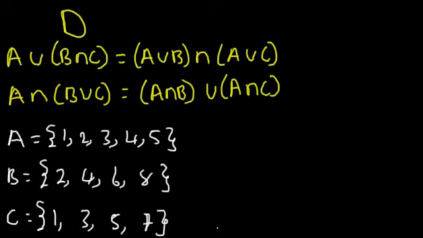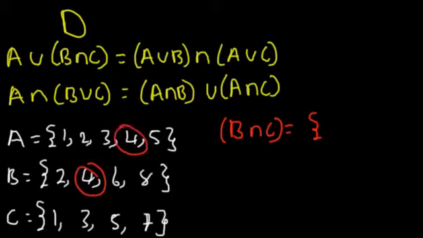Now let's go ahead and provide the solution to the first law. We need to find B intersection C first. What are the elements in B intersection C? Let's check it out. 4 is here, 4 is here, 2 is here, 2 is here, so we have 2 and 4 as the intersection.